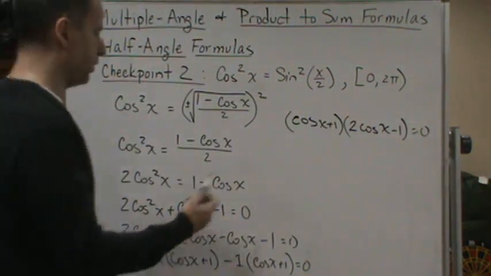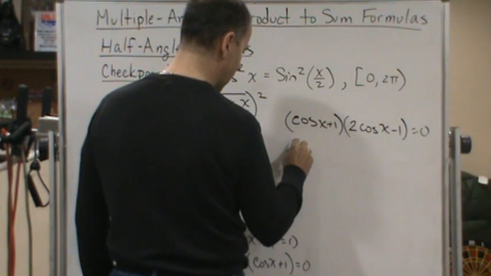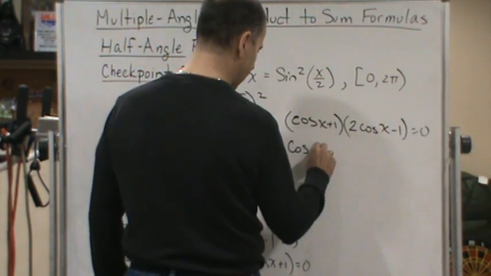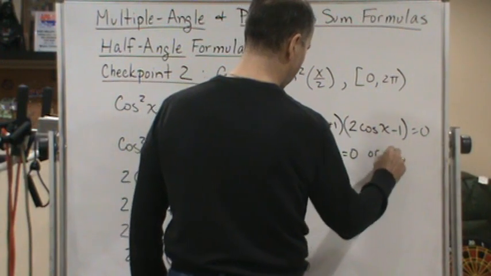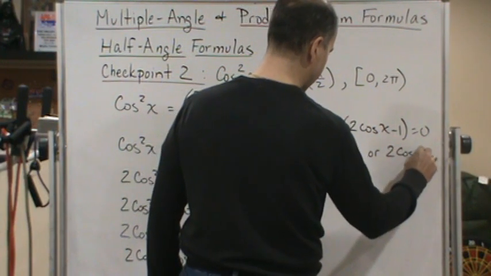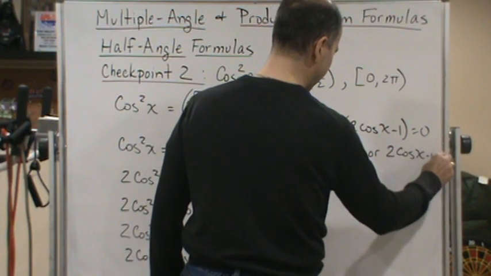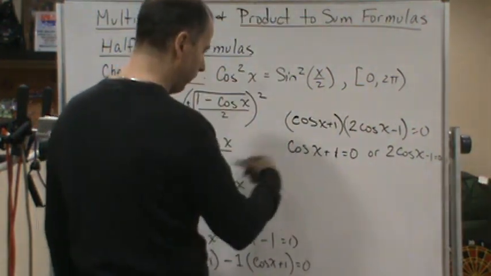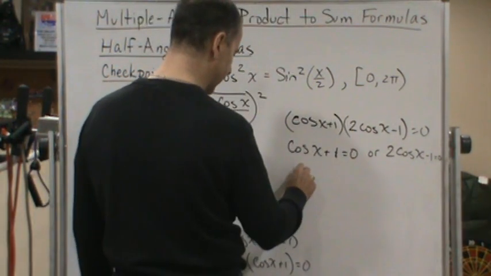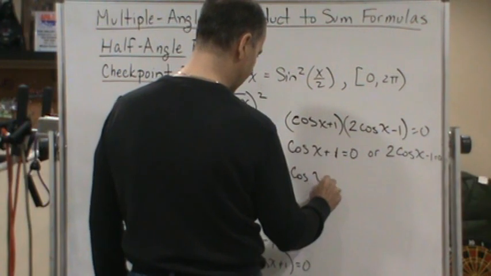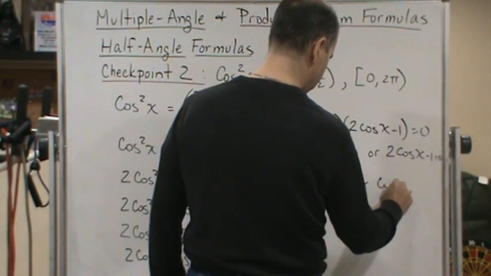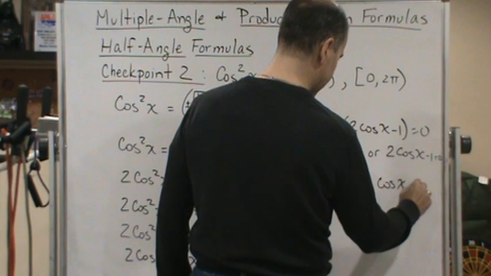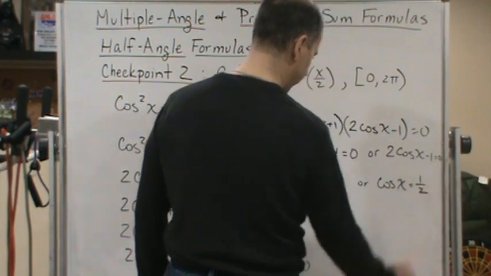And now I can use the zero product principle, and that tells me that cosine x plus 1 has to equal 0, or 2 cosine x minus 1 has to be equal to 0. So if I solve both of these independently, I get cosine x equals negative 1, or cosine x equals 1/2.